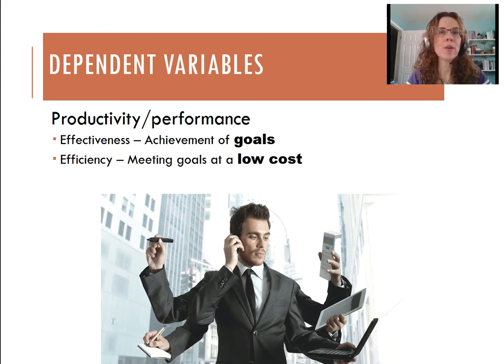So, were you able to achieve that GPA goal without having to exert, let's say, an extraordinary or inefficient amount of effort? Were you able to achieve that I want to graduate in X amount of time goal with, again, a minimum amount of effort? That's what efficiency is all about.